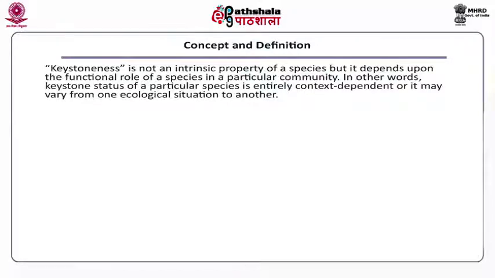In other words, keystone status of a particular species is entirely context dependent, or it may vary from one ecological situation to another. A species may be a keystone species in one ecological situation and may not be a keystone species in another.